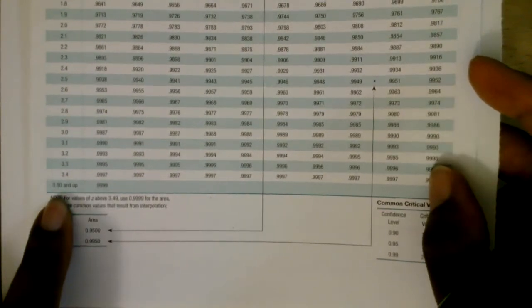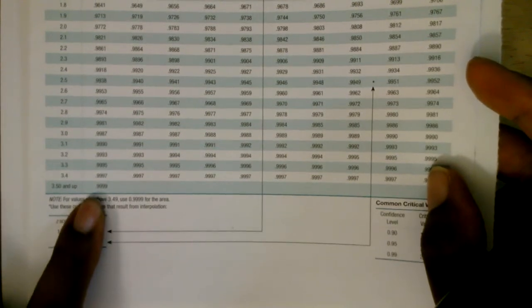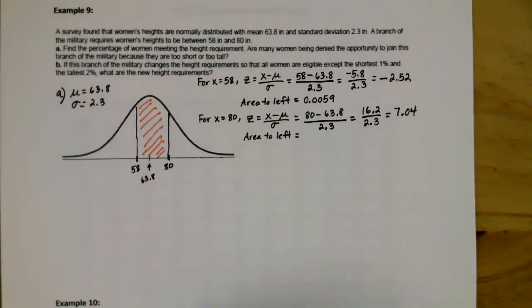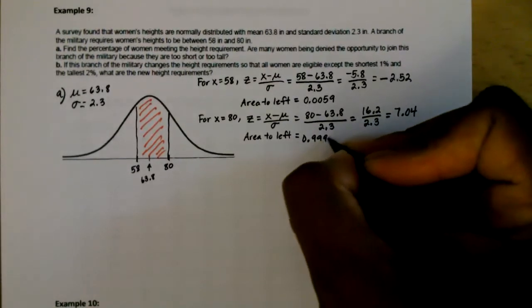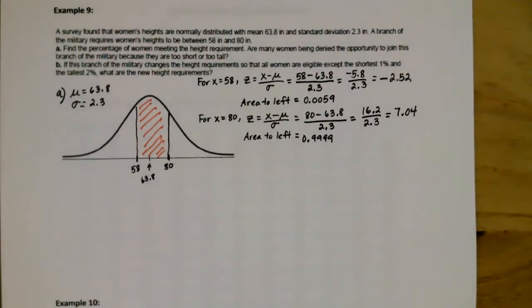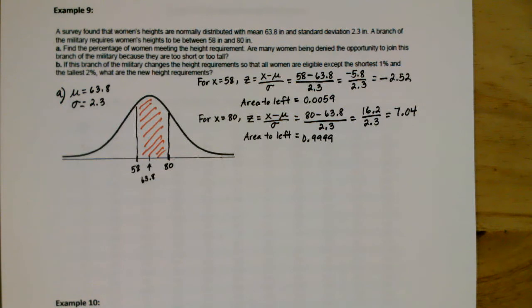With a 7.04 Z value, 7.04 is bigger than 3.50, so we have to use 0.9999 as the area. But the probability to the left of that Z value is very small.